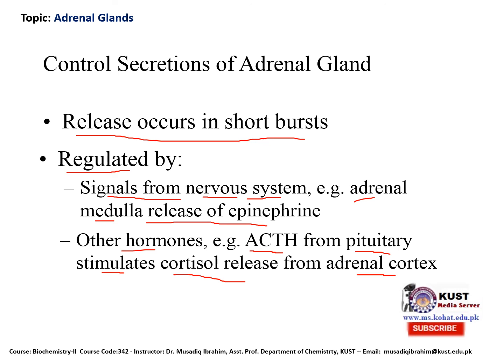So the adrenal cortex is controlled by the pituitary, and the adrenal medulla is controlled by the nervous system. And that is how the regulation, that is the increase or decrease in the concentration of the secretion of the adrenal glands, is maintained.